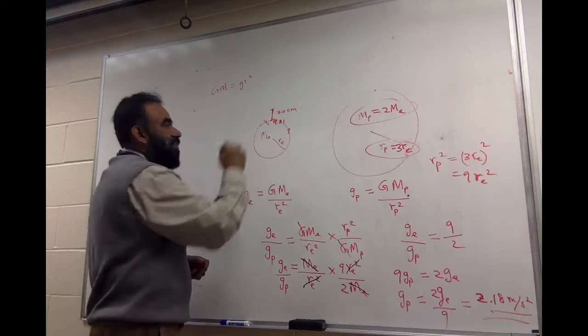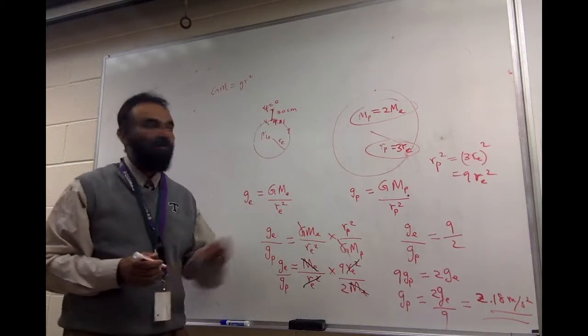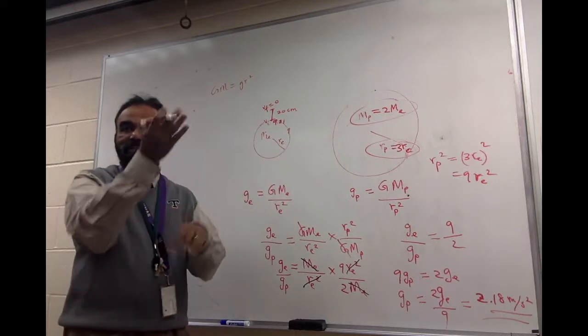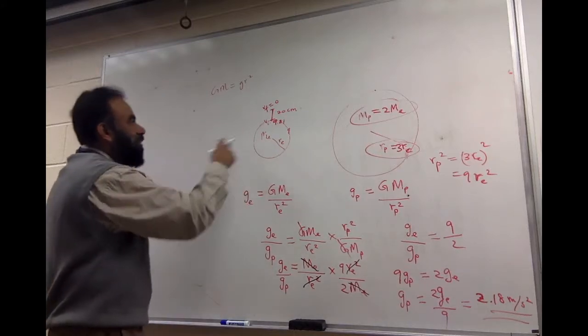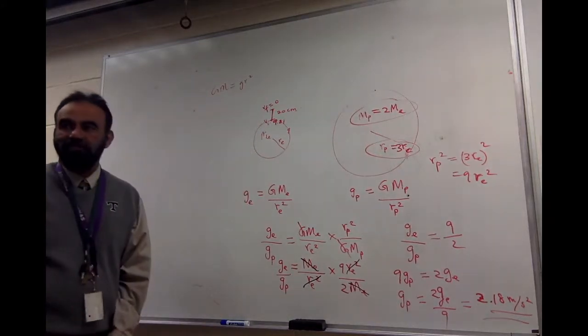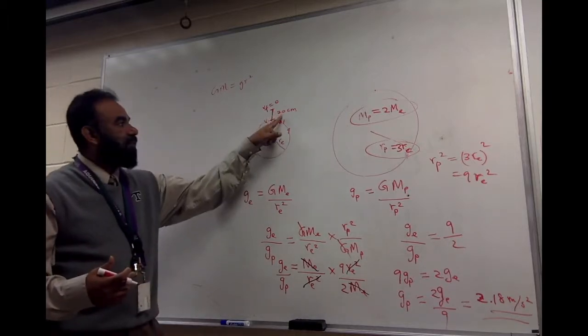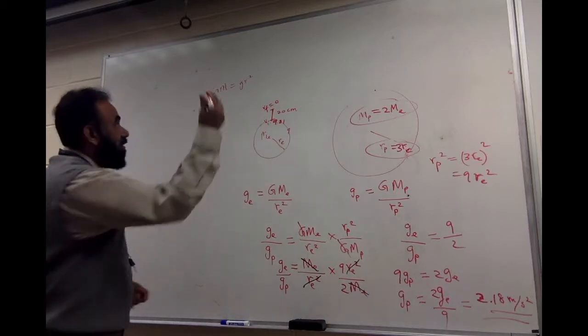So the initial velocity is something, and what's the final velocity? 0. And what's the acceleration? Can you connect the displacement, velocities, and all those things together? What equation connects displacement, acceleration, initial velocity, and final velocity? Yes.